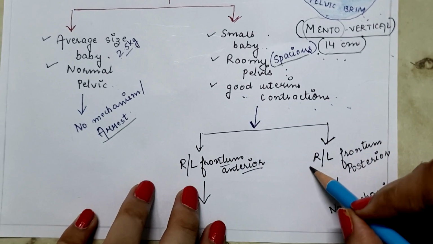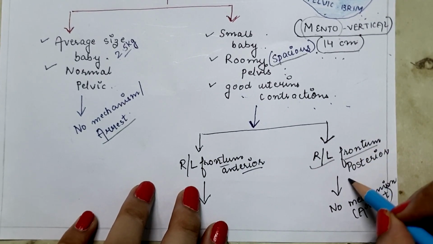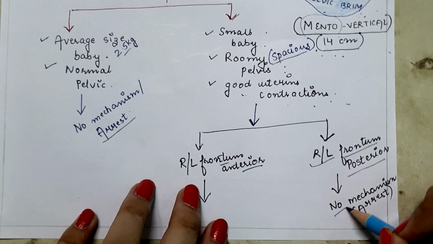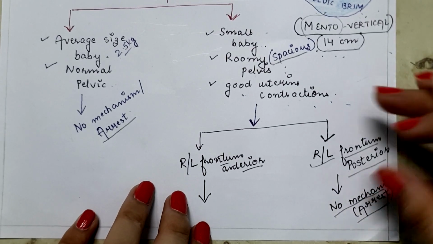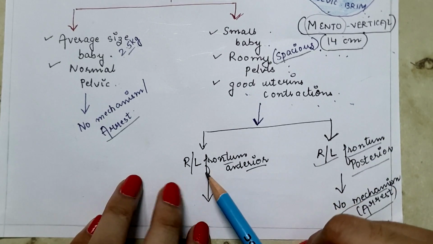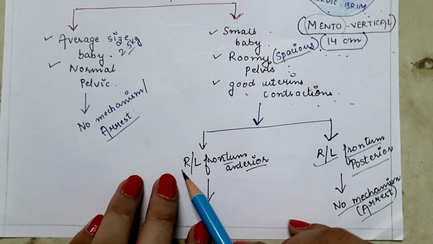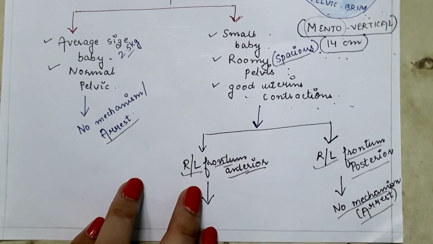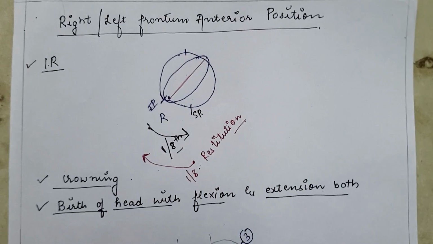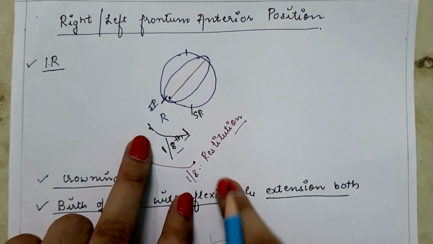If it is right or left frontum posterior position, then there is no mechanism. Only arrest will occur. In this case, normally cesarean section should be done. But if the position is right or left frontum anterior position, in that case, internal rotation occurs.